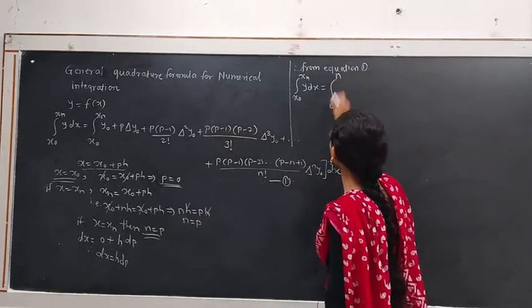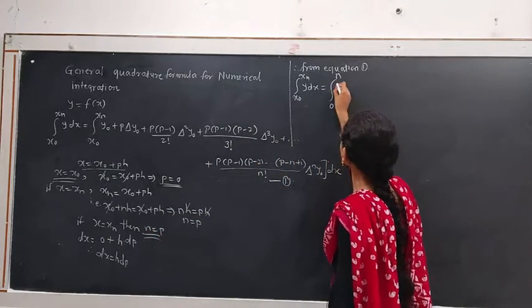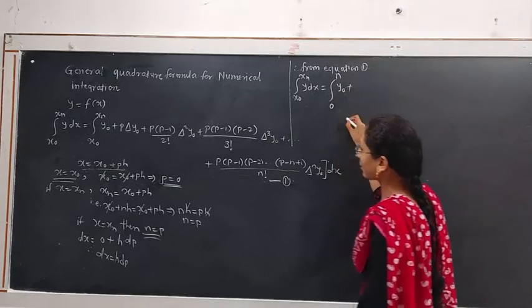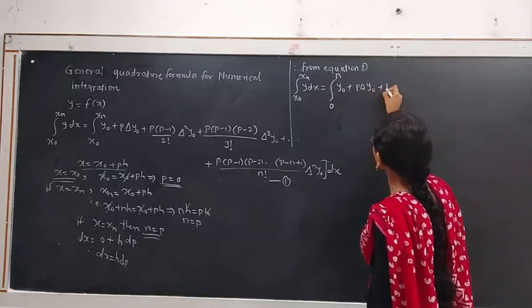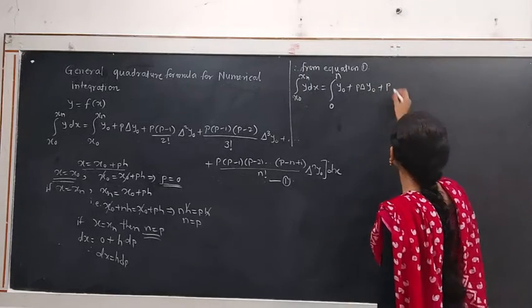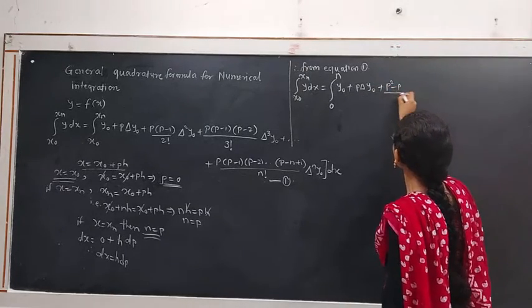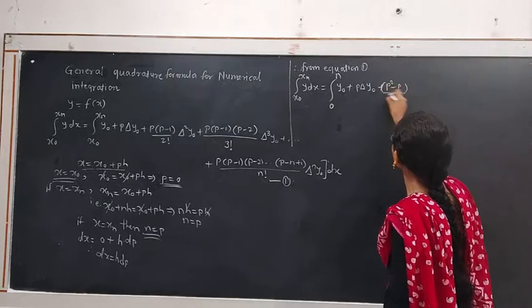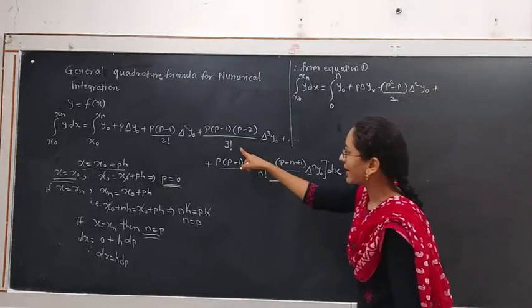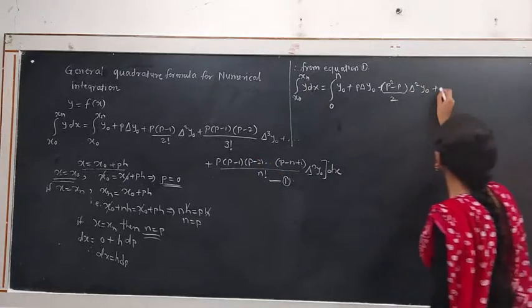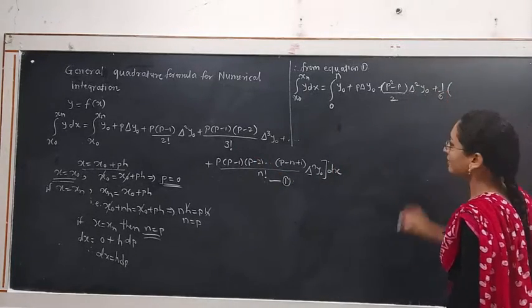The integrand is y0 plus p into del y0 plus p into p minus 1, which is p square minus p, upon 2 factorial, which is 2, del square y0, plus, with 3 factorial being 6, one upon 6 in the bracket.